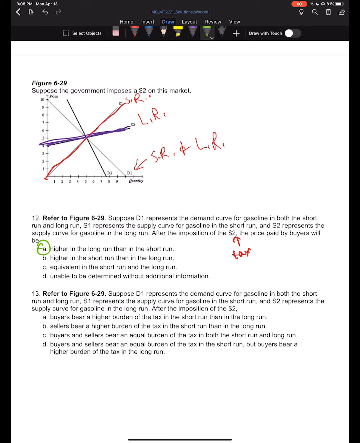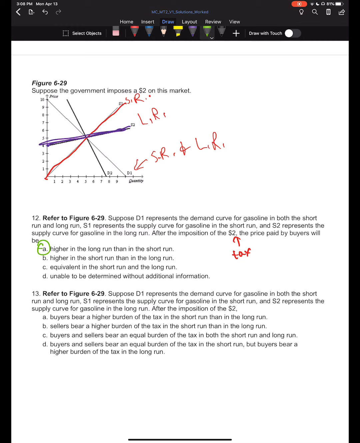Question 13, suppose D1 represents demand curve for gasoline in both the short run and the long run. S1 represents the supply curve in the short run, and S2 represents the supply curve for gasoline in the long run. After the $2 tax is imposed, buyers bear a higher burden of tax in the short run than in the long run. Well, what did we just say in the above?